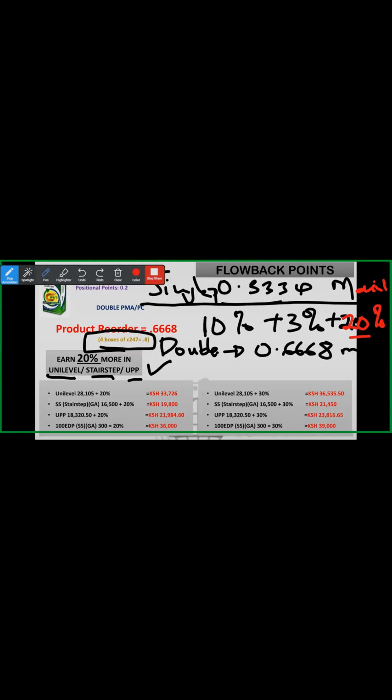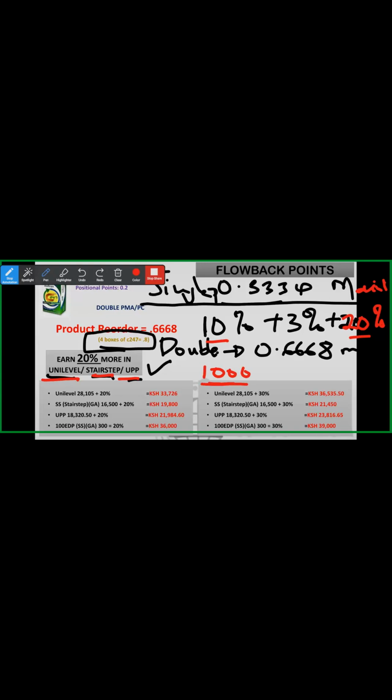So kama ulikuwa earn, let's say, acha niwaonyeshe vile inakuwa calculated. Let's say you are supposed to earn very basically 1000 Kenyan shillings from unilevel, stair step na UPP combined. What is 20% of 1000 Kenyan shillings? It is 200.